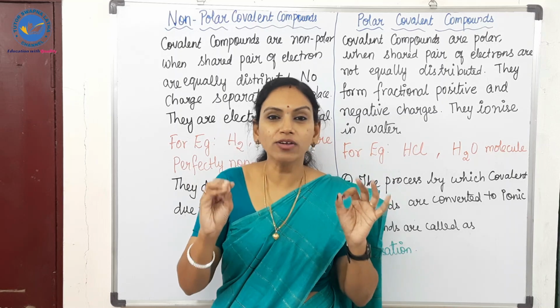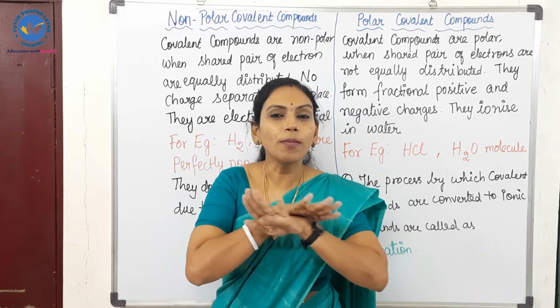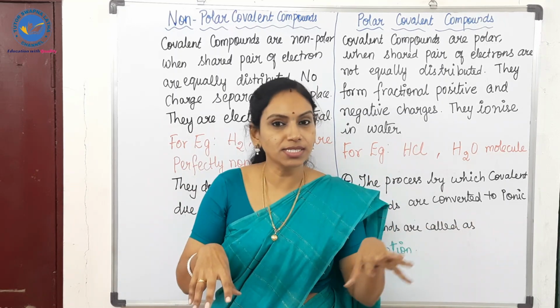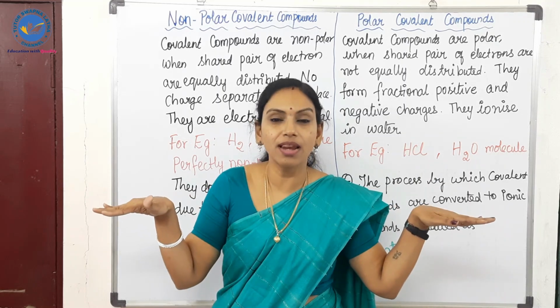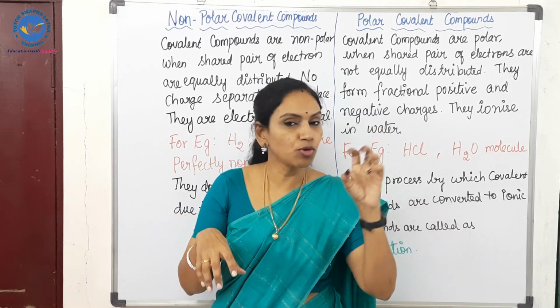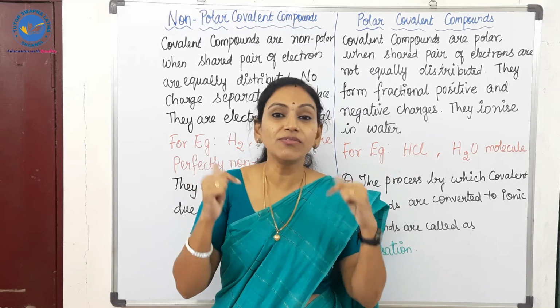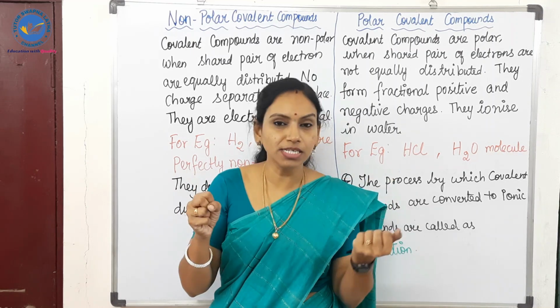Non-polar covalent compounds are compounds that do not get plus and minus charge. They are neutral. They don't have plus, they don't have minus. When does an atom get plus and minus charge?